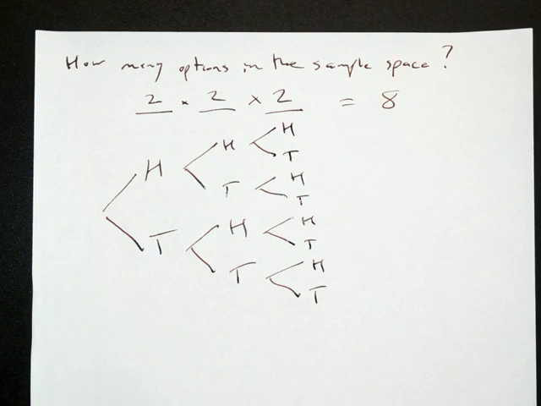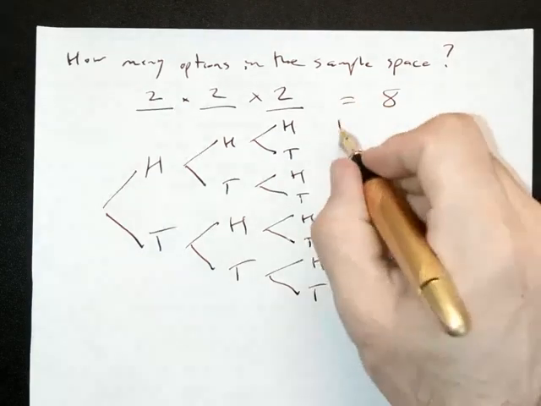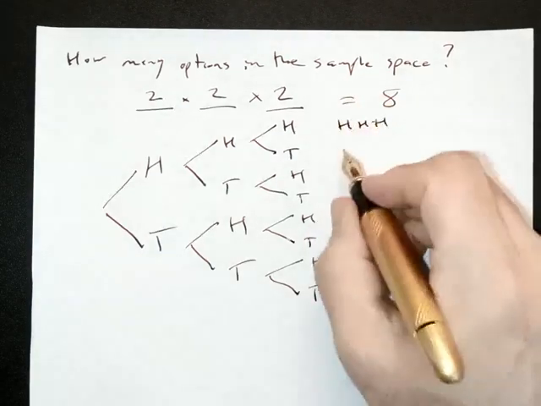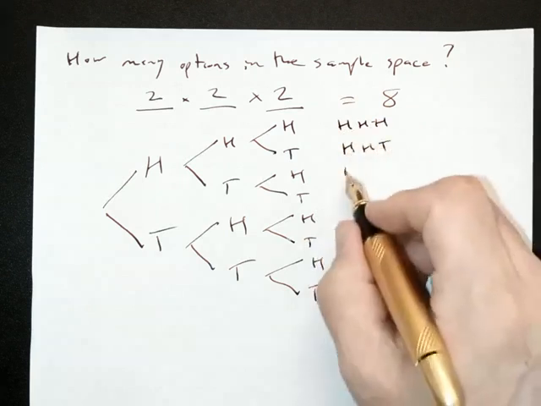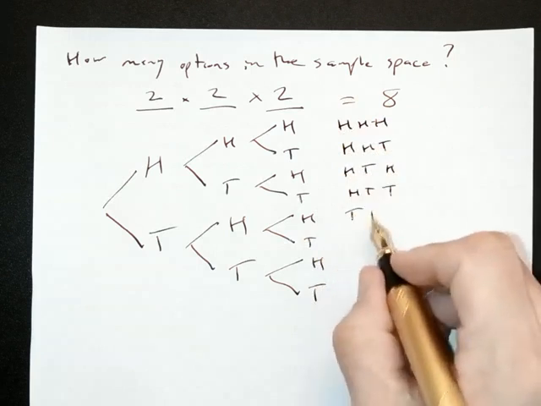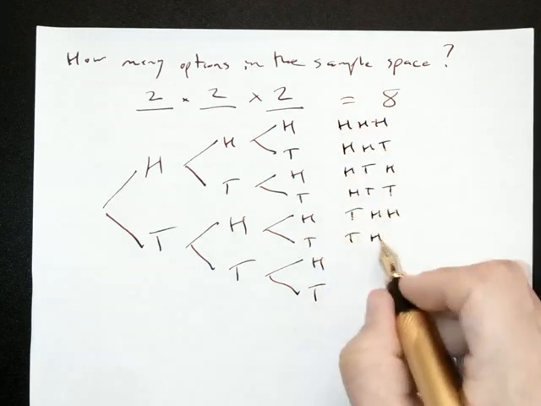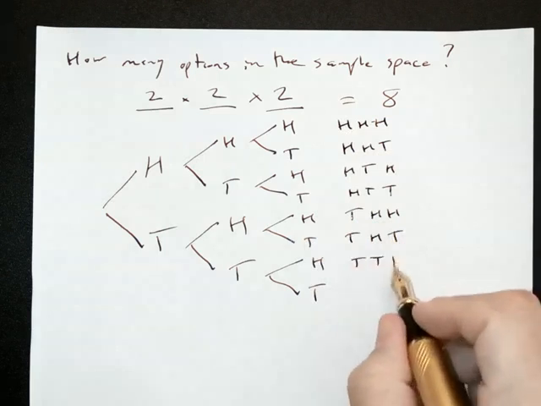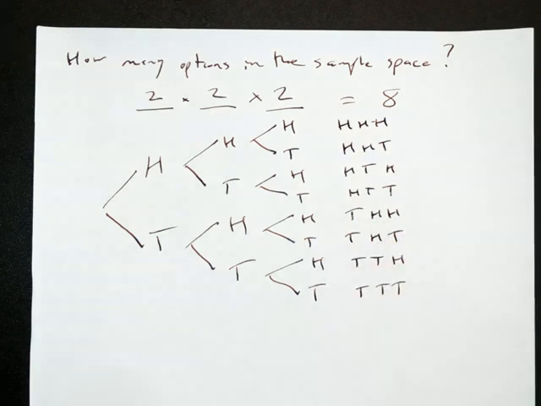If you start all the way on the left and follow the branches to one of the leaves, you'll get a set of 3 letters, and you'll get 8 different possibilities. And now I have my sample space.